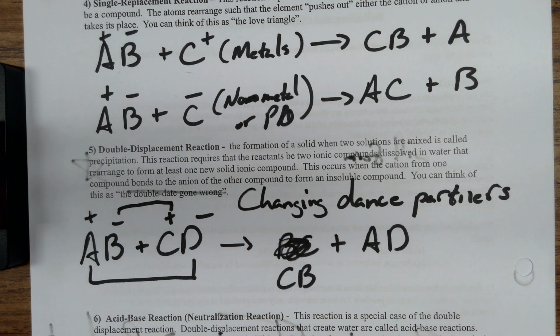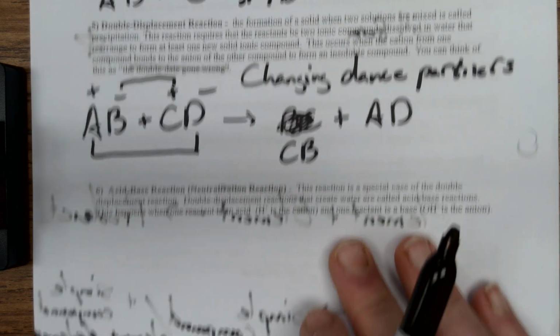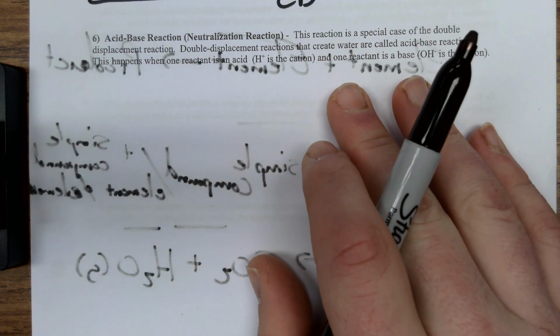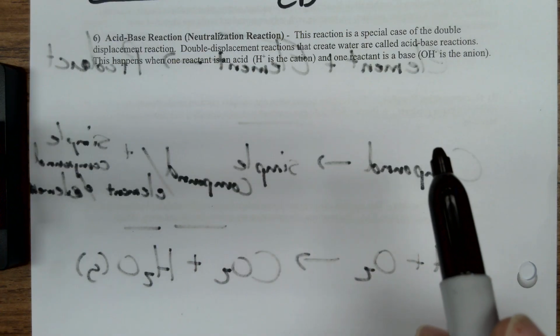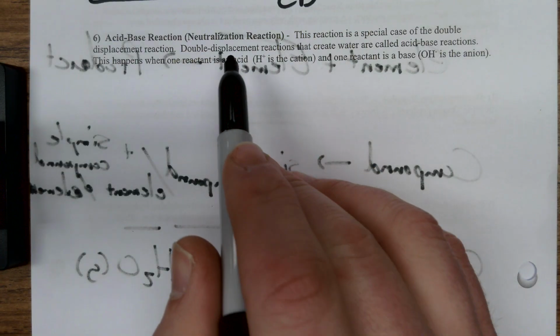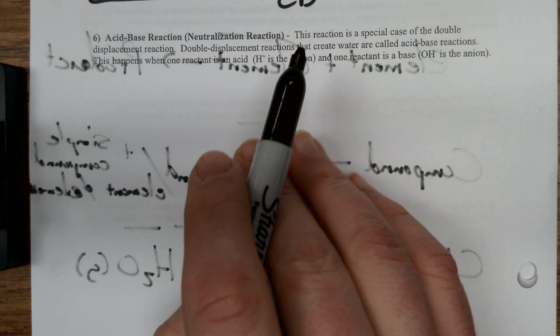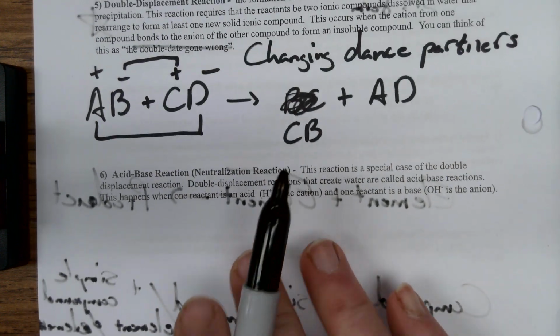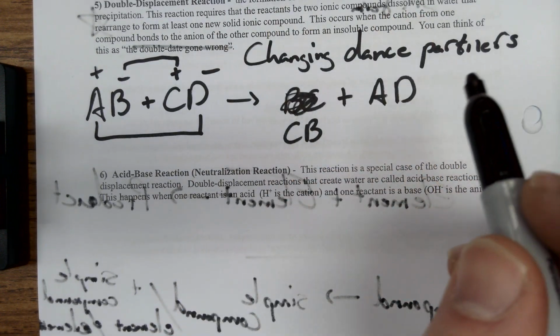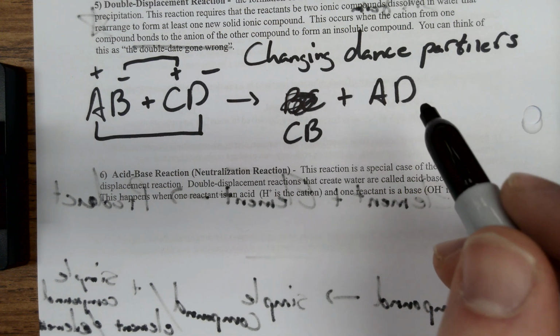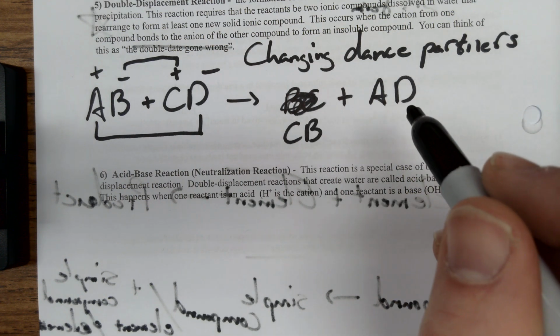Now, we have one last one that we have to look at. Acid-base reactions, also known as neutralization reactions. This is a special type of double replacement reaction. That's why I spent a lot of time talking about double replacement, because we deal a lot with it.